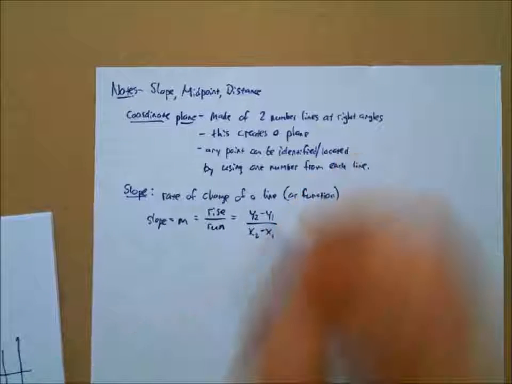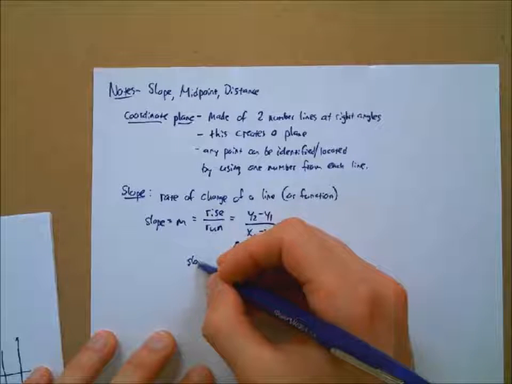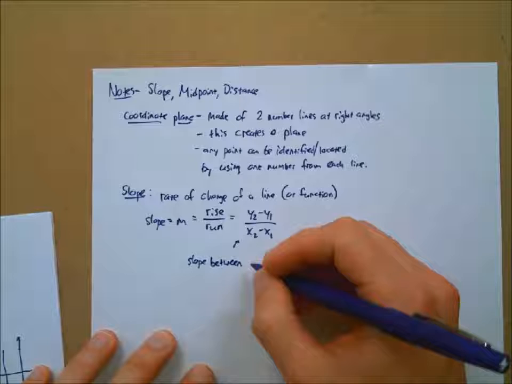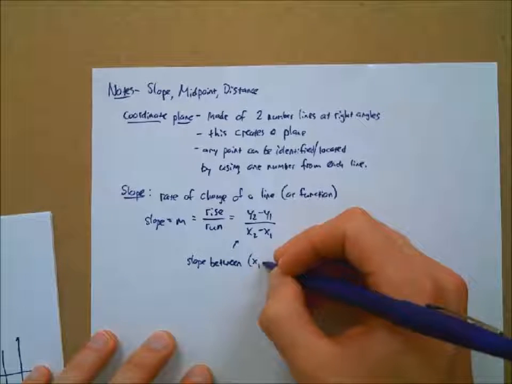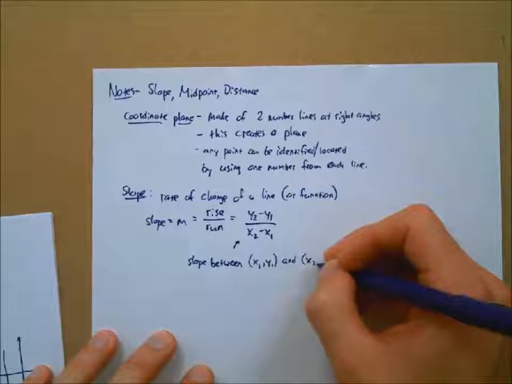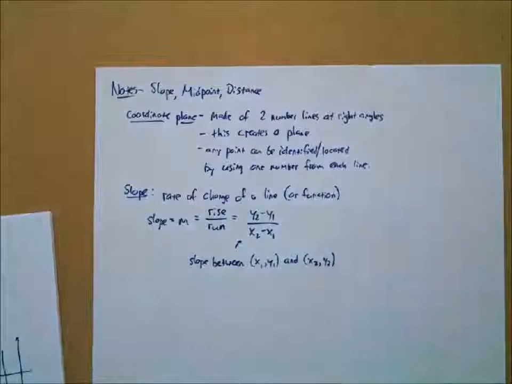Okay, and this is known as the slope between (x1, y1) and (x2, y2), those two points. This formula you will need to have memorized, okay? And memorized more than just being able to regurgitate it, but to apply it appropriately, right?